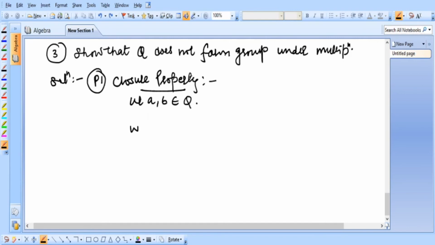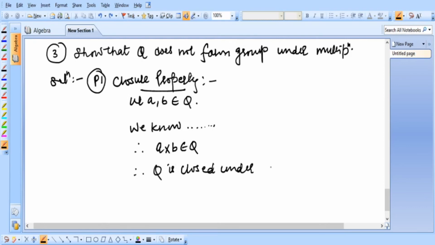We know the multiplication of two rational numbers is again a rational number. Therefore, a multiplied by b belongs to the rational numbers again. Therefore, Q is closed under multiplication, right?